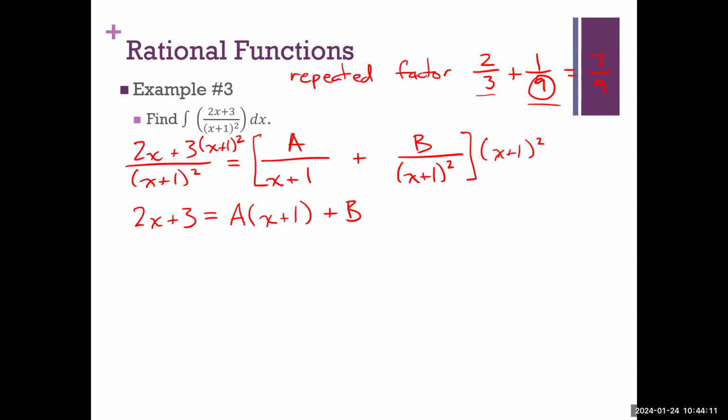All right, I need to find A and B. Suggestions? X equals -1. Okay, so we're doing the strategic values of X. If I get X equals -1, then what's the left-hand side equal? 1 equals B. So that was easy enough, assuming I'm right.